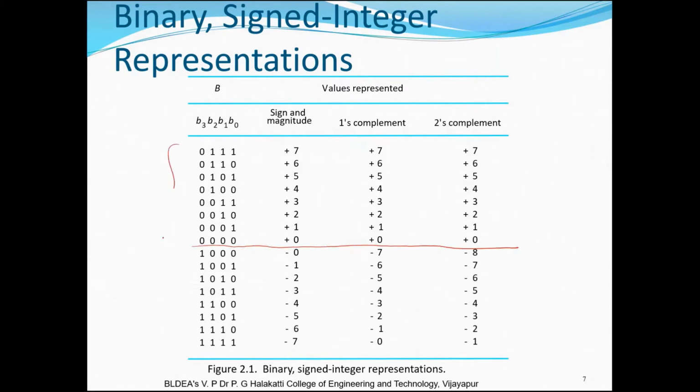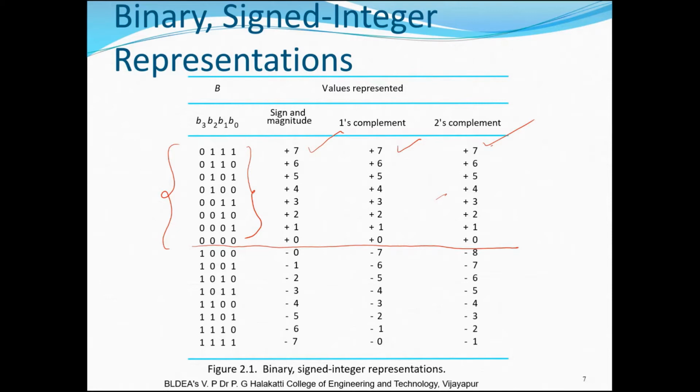for the positive representation of the number, in sign and magnitude, 1's complement or 2's complement, in all the three systems, the numbers are the same for positive numbers. There is no change in the positive numbers. Positive number representation is the same in all the three systems.